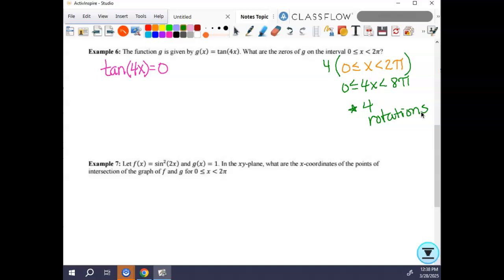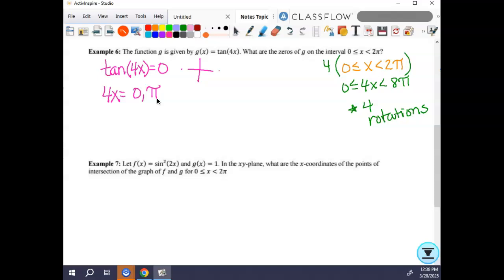All right. So over here, tangent, this will give me 4x equals, that's a quadrantal, right? What angle gives me a tangent value of 0? 0 and what? Pi. So I've got 0 and pi. But that's 1 rotation, so I've got to keep going. So write out your 4 rotations.